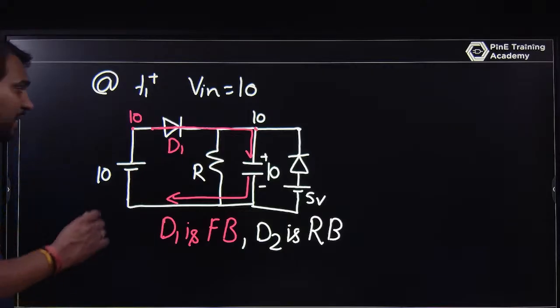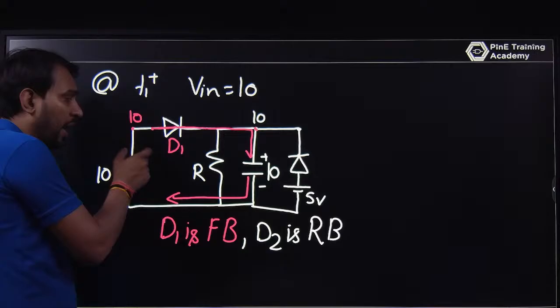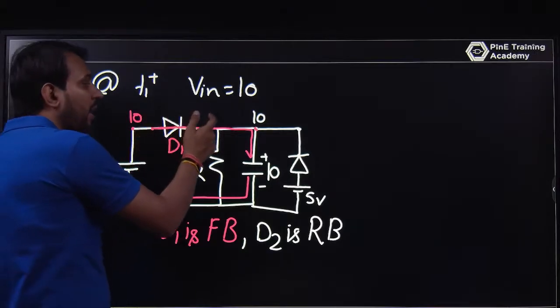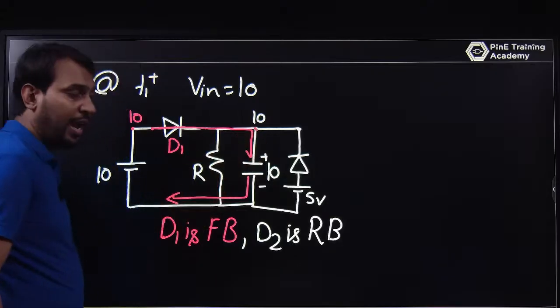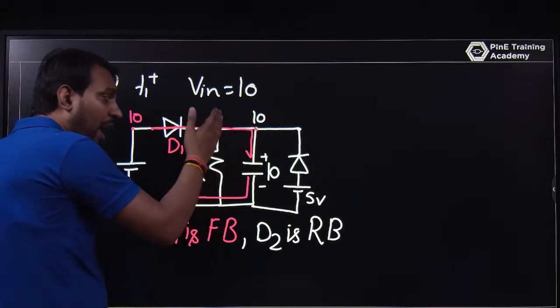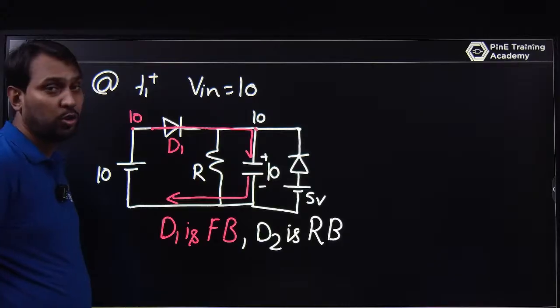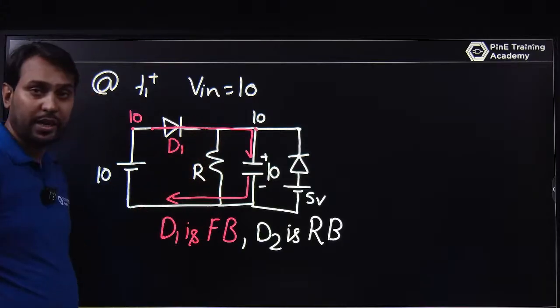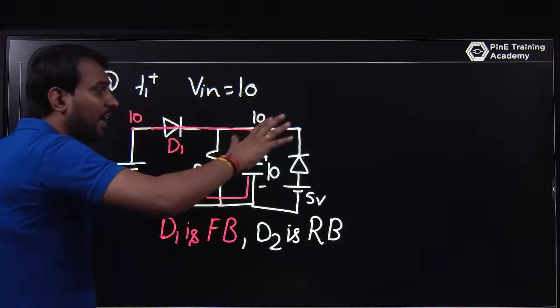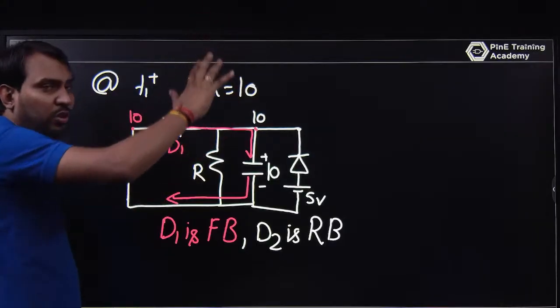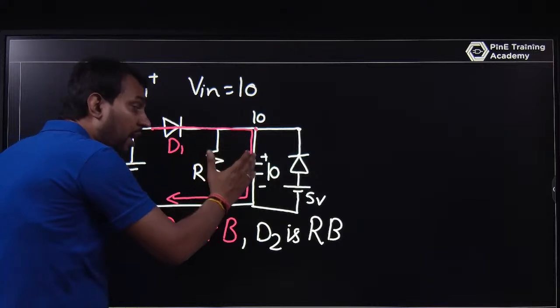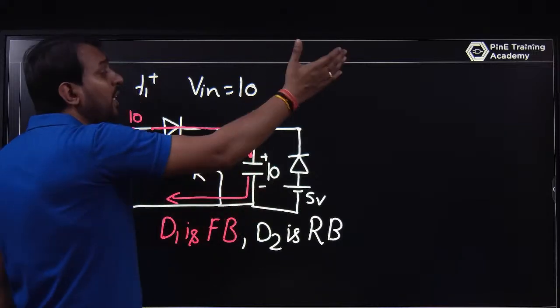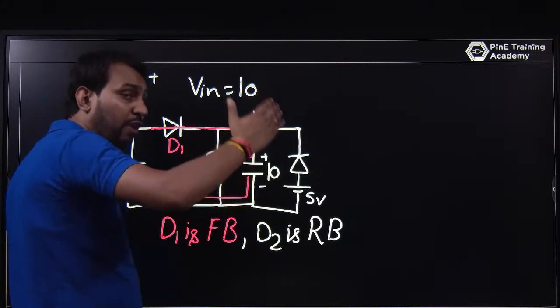But when the input is 10 volt, D1 will try to become forward biased, so this will be shorted, and a large amount of current flows through the capacitor because the resistance is not present. I am not saying infinite, but a large amount of current flows through the capacitor, and the capacitor gradually changes the voltage across it from 5 volt to 10 volt.